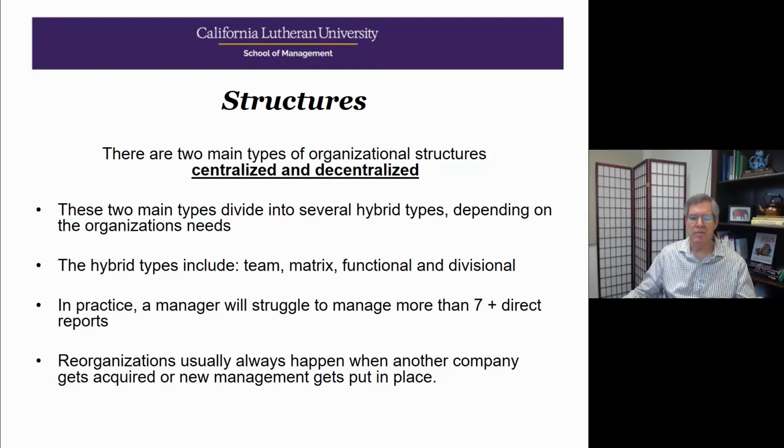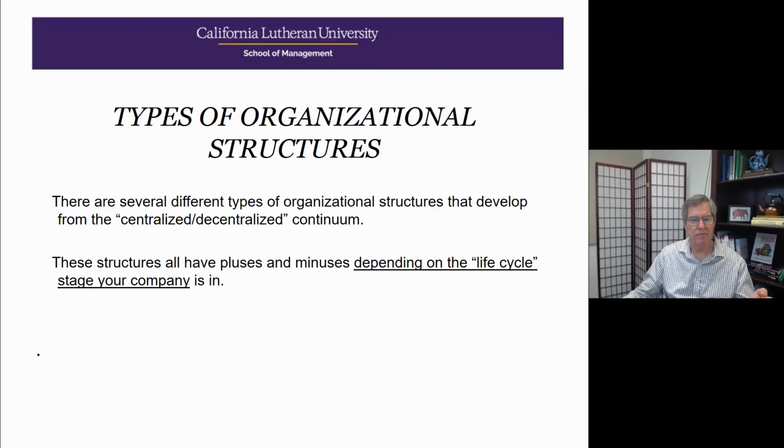Reorganizations usually happen when another company gets acquired or new management gets put in place. So as soon as you see that happening, you know there's going to be some change in terms of the structure of the organization. There are several different types of organizational structures that develop from the centralized and decentralized continuum. These structures all have pluses and minuses depending on the life cycle stage your company's in.